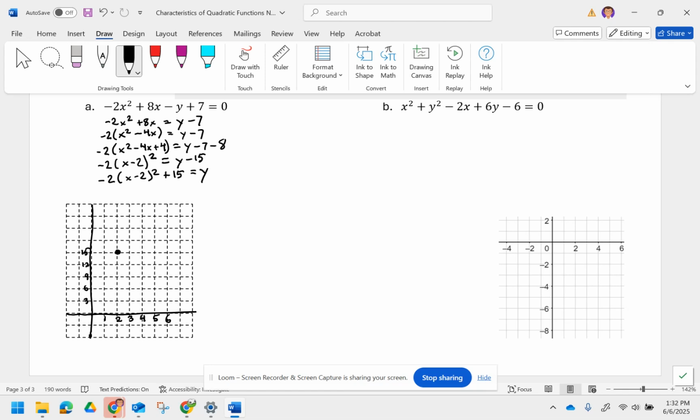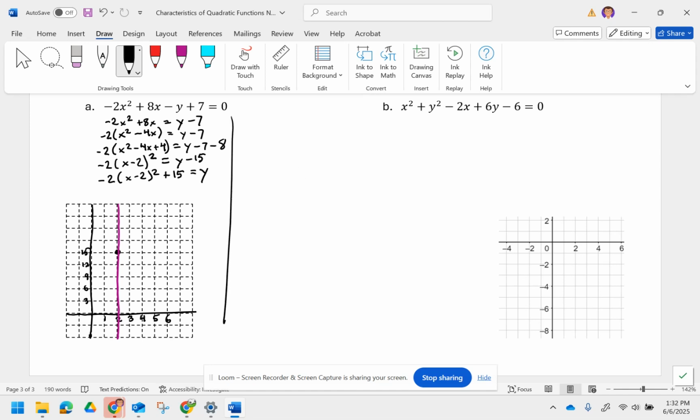Now I can use some more points to just find out where I can add in some more. But I do know that my axis of symmetry is going to be right there. So let's go ahead and just plug in some additional numbers. 1 would be a great easy number to use.